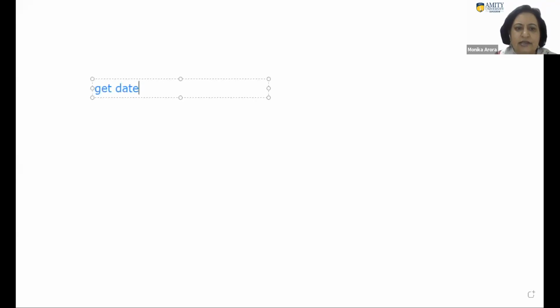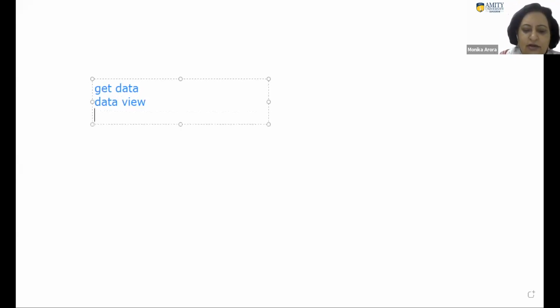Next, we have seen the data view at the left corner, which is available. Then next we have seen all the tables and columns inside the data view.